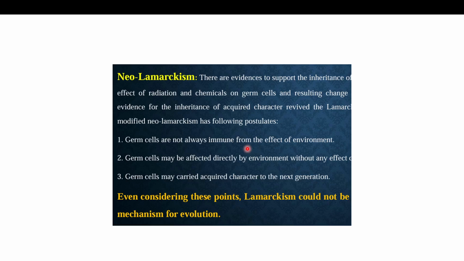The environmental conditions can accumulate over time. Germ cells may be affected directly by the environment without any immediate effect, and germ cells may carry acquired characters to the next generation. So these are some of the possible things supporting some parts of Lamarckism.